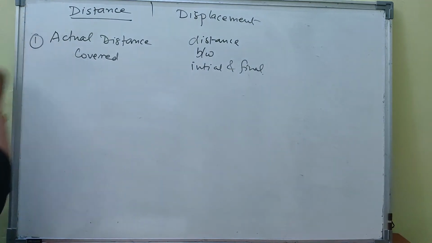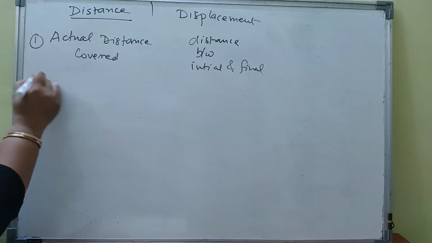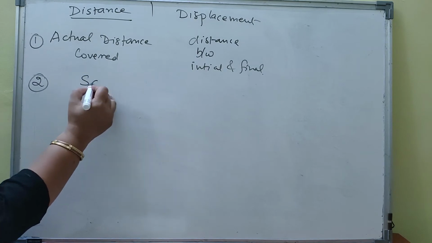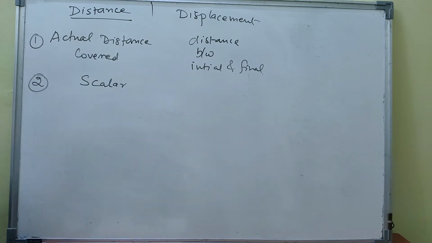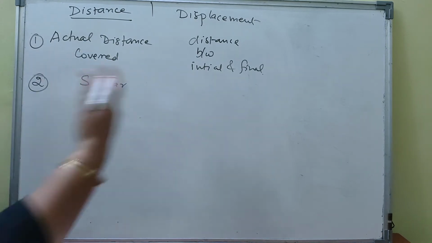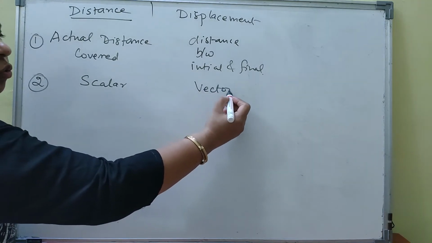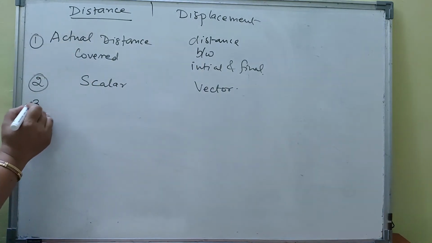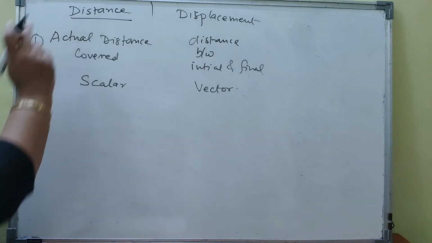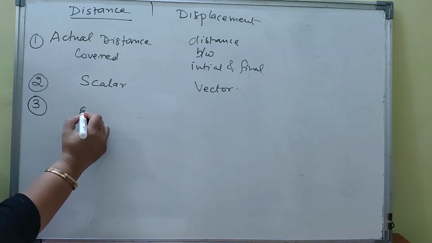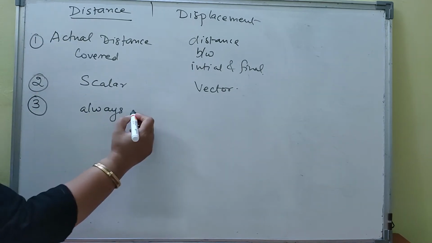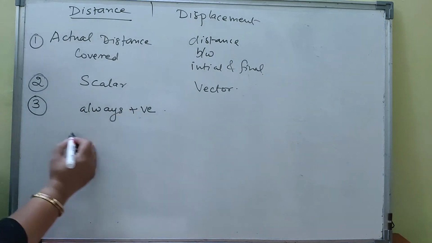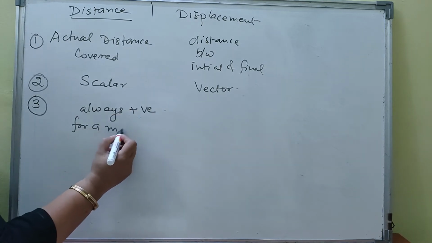This is the first point. This one is a scalar quantity. We are not worrying about the direction. And this is a vector quantity. Distance covered is always positive for a moving object.